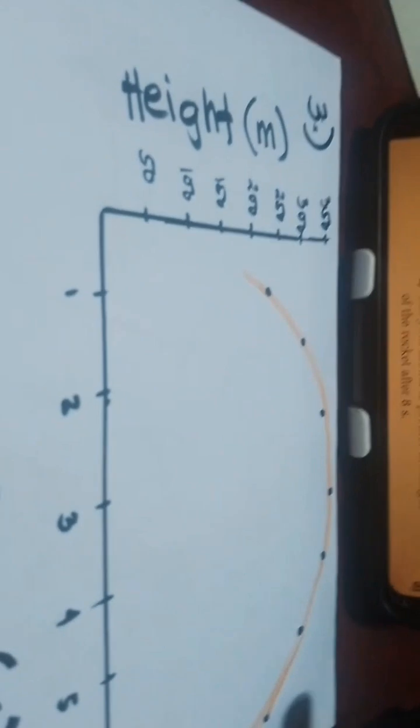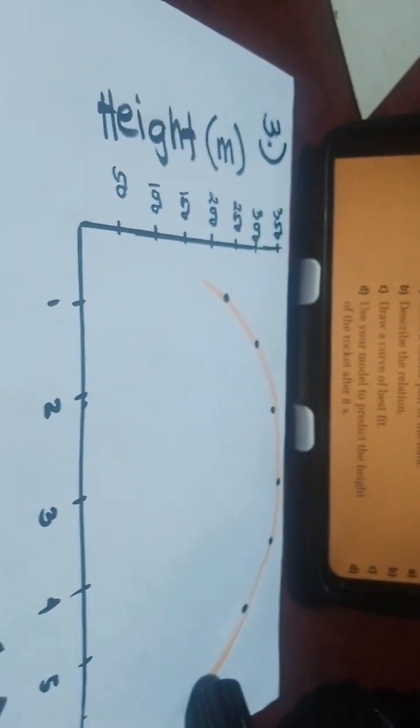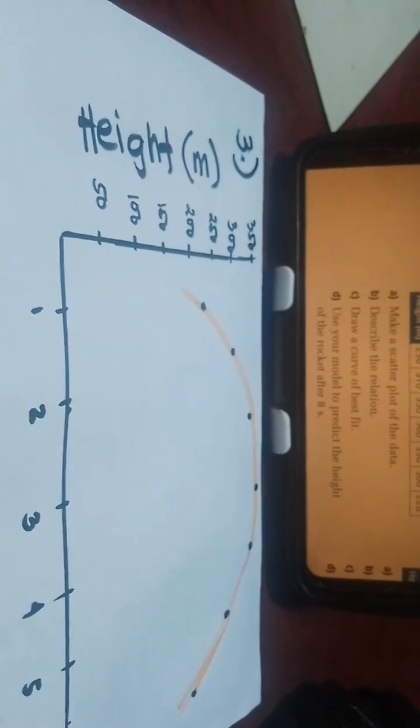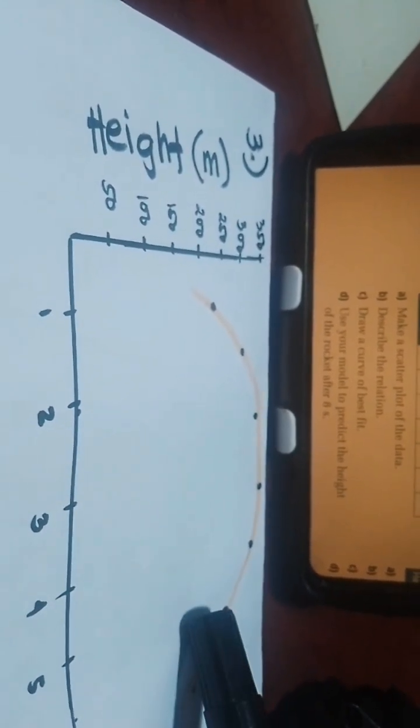This orange line, the one that I highlighted, is the curve of best fit on this scatter plot.